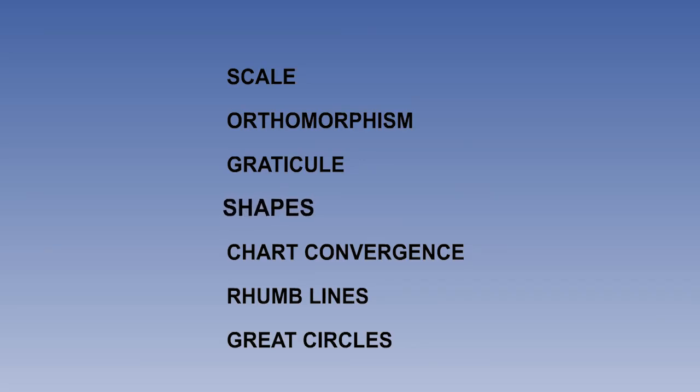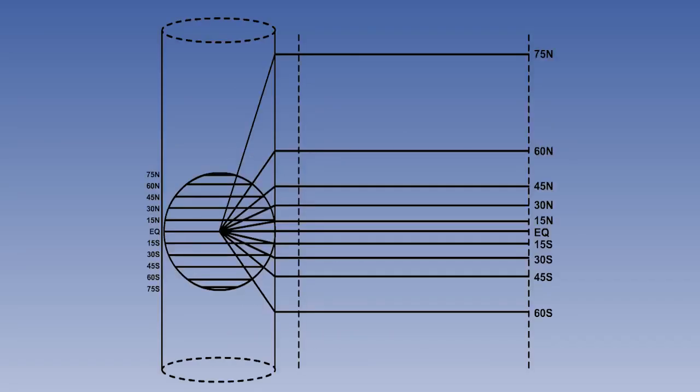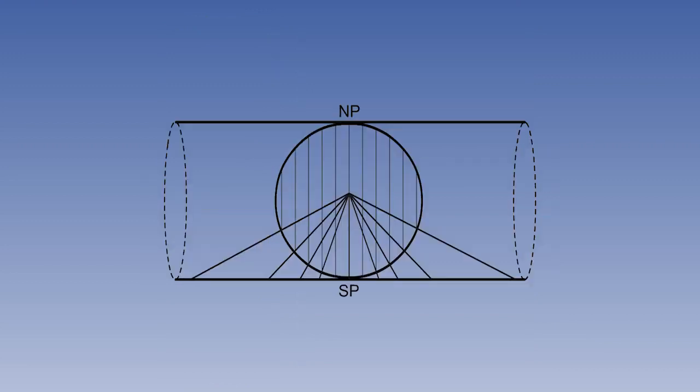Shapes are fairly easily dealt with. With the normal Mercator, scale expansion leads to shape distortion as the north-south distance from the equator increases. However, our cylinder is horizontal, not vertical.